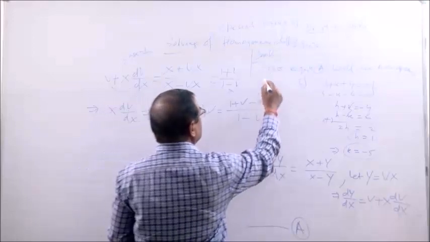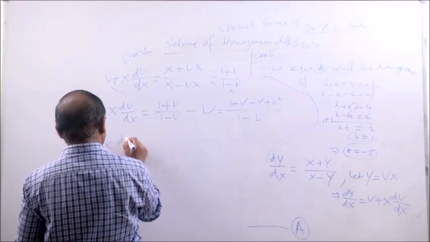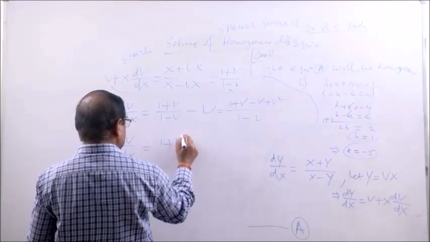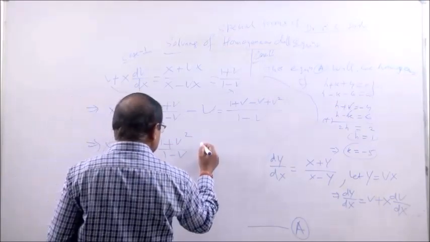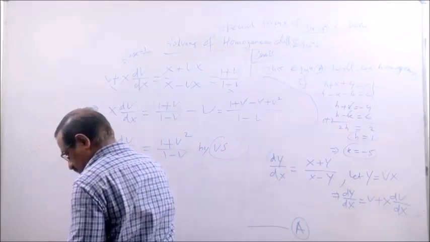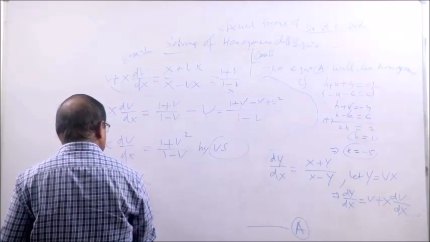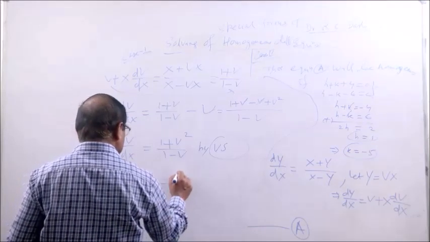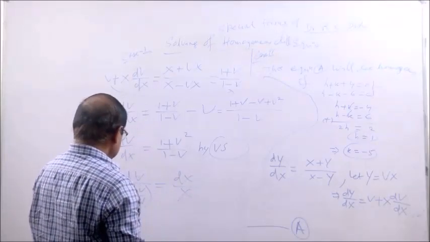So, ultimately that implies X dv by dX is equal to (1 plus v square) by (1 minus v). Now, by the variable separable method, we get (1 minus v) dv by (1 plus v square) is equal to dX by X.